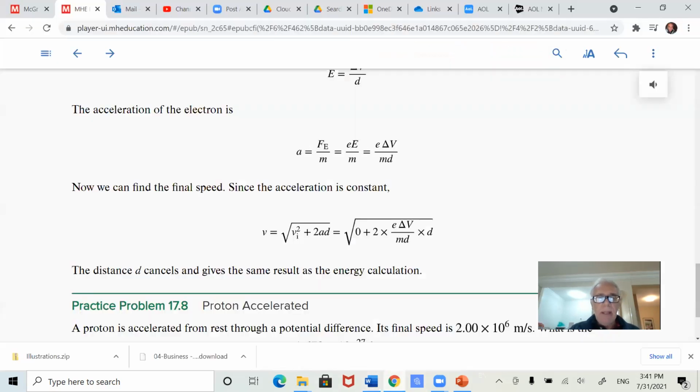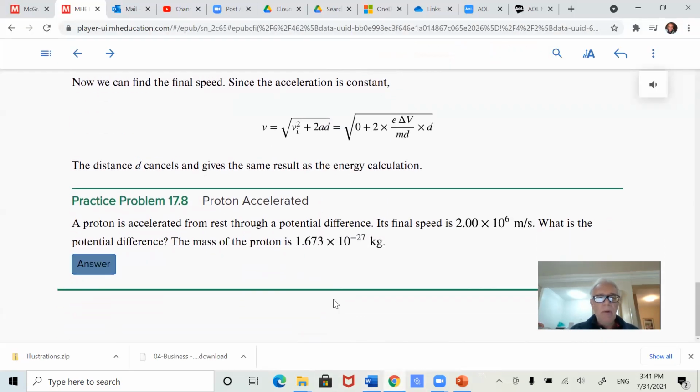Basically that's what this chapter is all about. You can do the same for a proton, and that's what we have for this section.